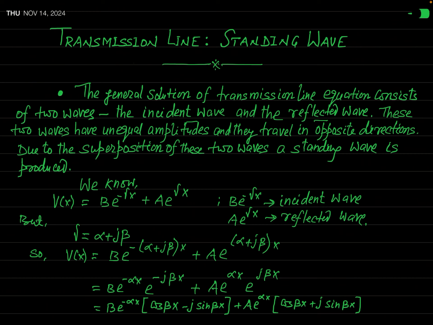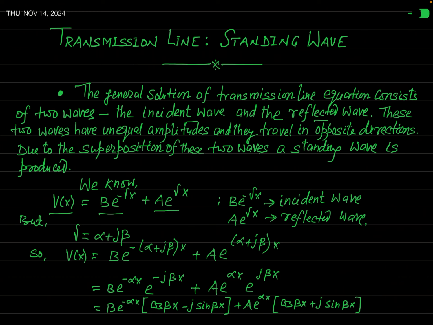Now, let us see. When you talk about the voltage variation with the distance measured from the sending end or the generator end in a two parallel wire transmission line, you have seen earlier in my previous videos that the voltage as a function of x, where x is the distance measured from the generator end or the sending end, is given by b times e to the power minus gamma x plus a e to the power gamma x.